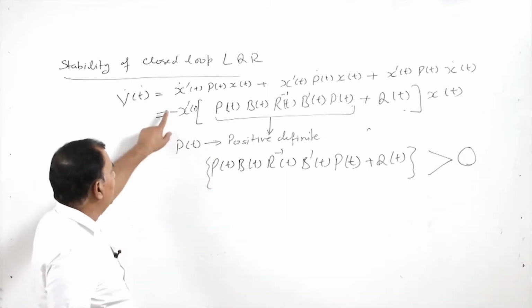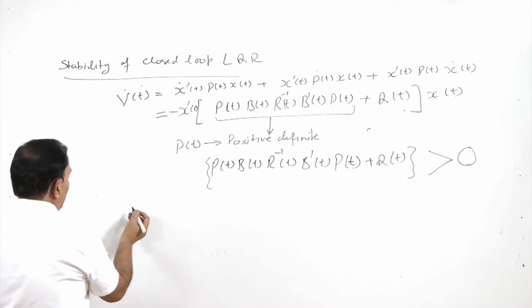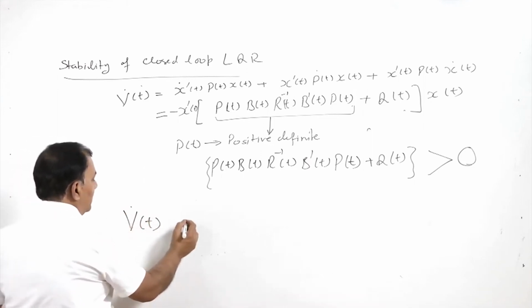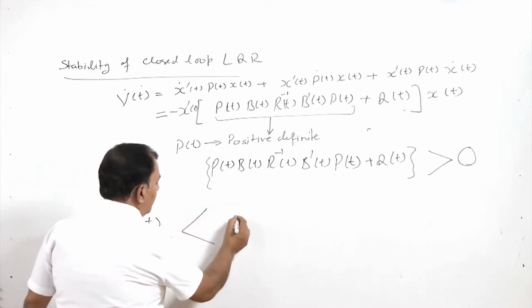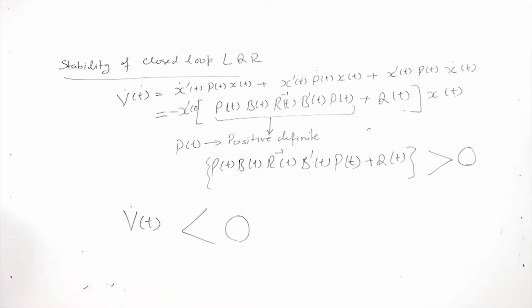If this is a positive definite matrix, I have negative here. So, I can say my V dot t will be negative definite, less than 0.